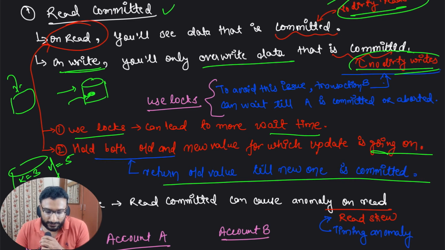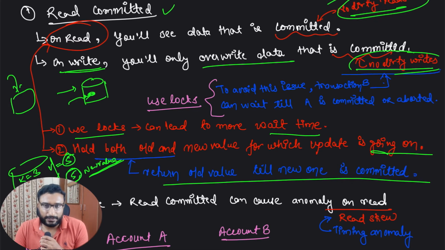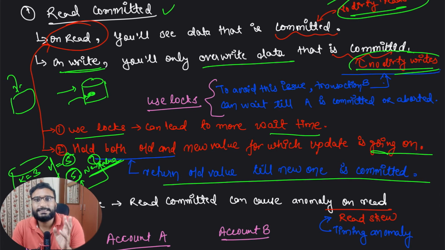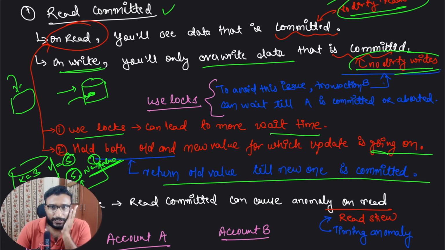So for this k equal to 3, some update is going on. ठीक है, so I'm keeping the old value as well as the new value, and the new value is not committed yet. ठीक है, so I am keeping this value 5 in my database so that I can return this value. And when this new value is committed, let's say 7 is committed, then if the read query comes, I will return 7. ठीक है, so you're basically keeping a copy of old data and new data, and you will return the old data unless the new data is committed.